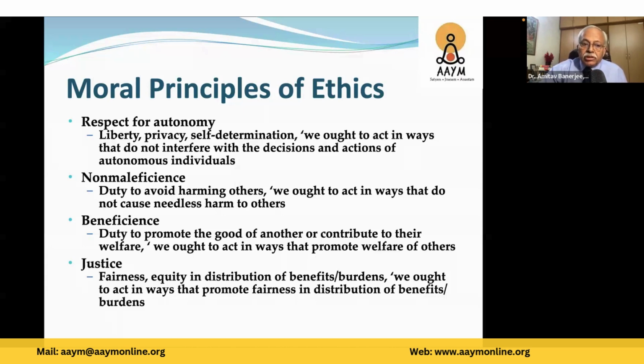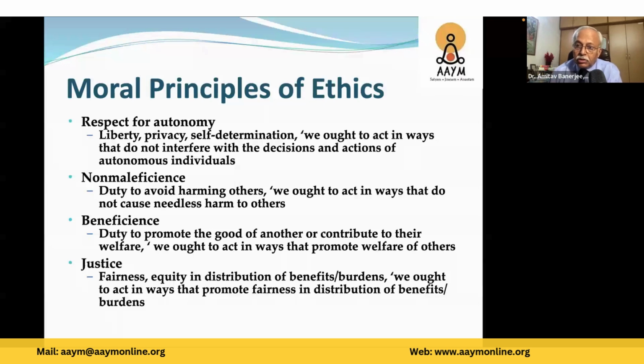Then non-maleficence is the duty to avoid harming others. We ought to act in ways that do not cause needless harm. For any intervention, what can be the worst situation, what harm can occur? And that has to be matched with the next principle, beneficence: what the individual will benefit from the research and what the larger community and humanity will benefit.